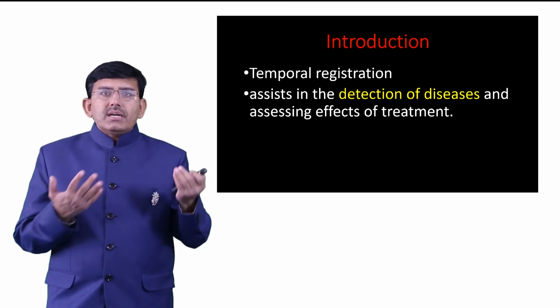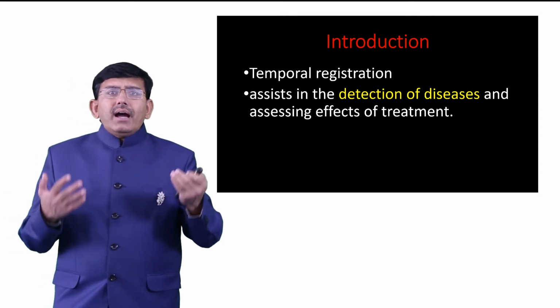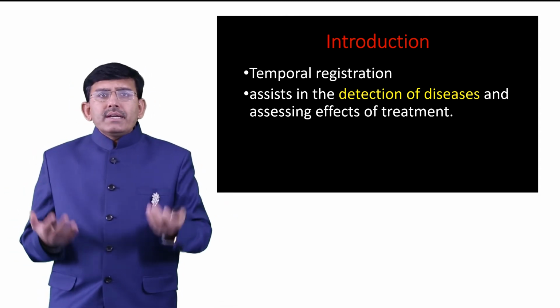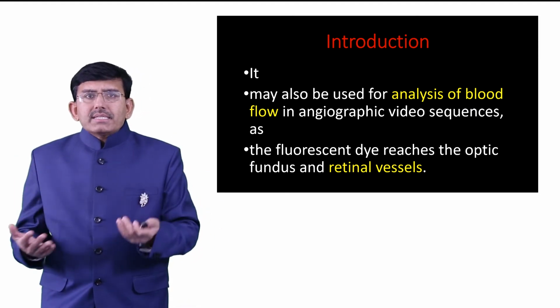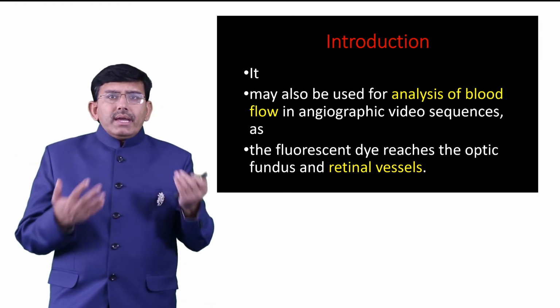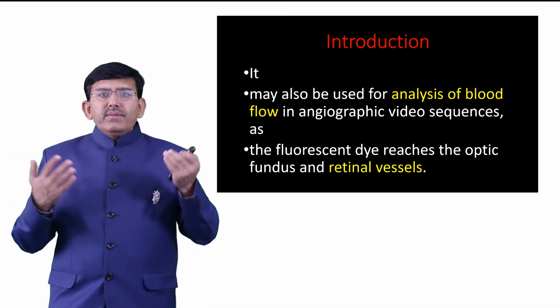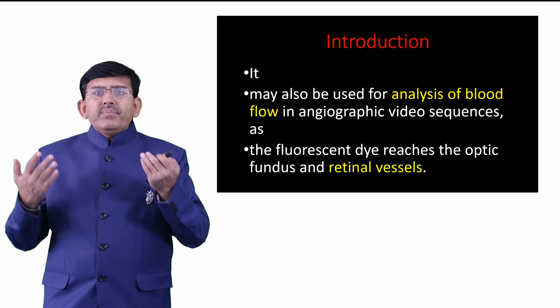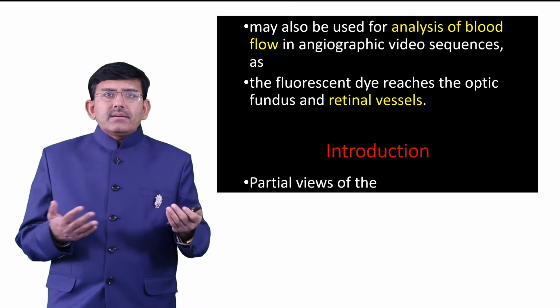Temporal registration assists in the detection of diseases and assessing effects of treatment. It may also be used for analysis of blood flow in angiographic video sequences as the fluorescent dye reaches the optic fundus and retinal vessels.